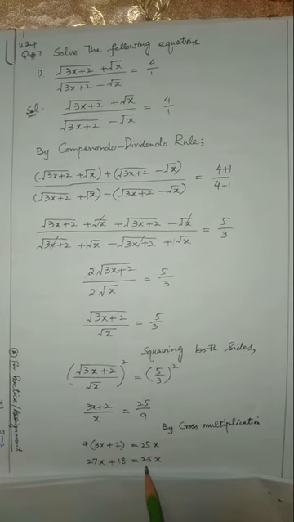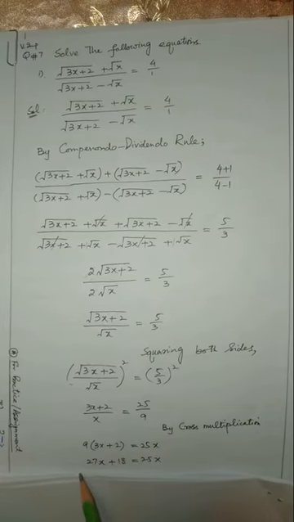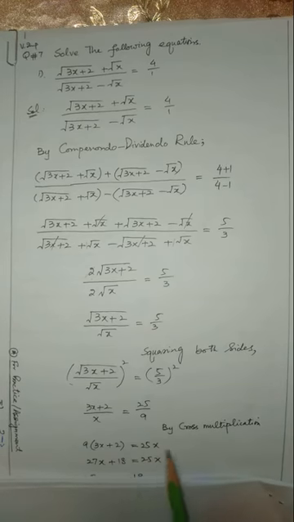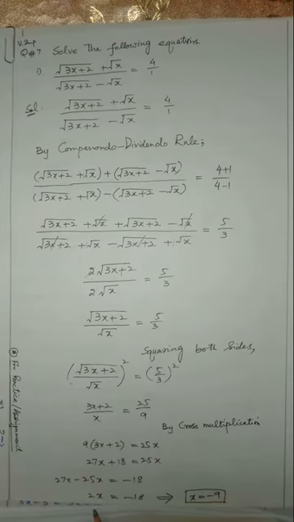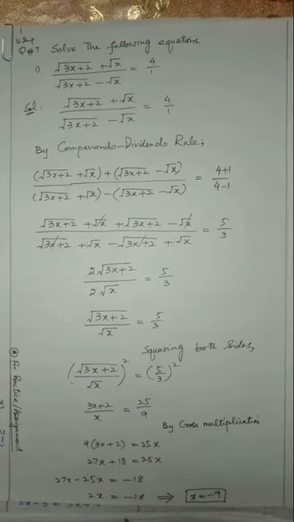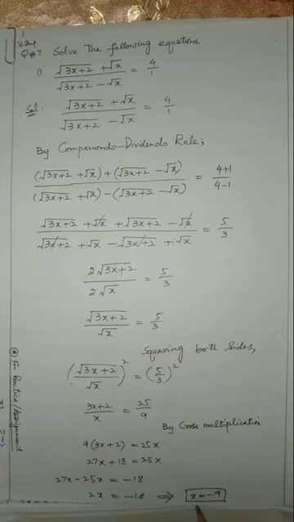Now shift this 25x to the left hand side and this 18 to the right hand side. Then the sign will be changed. 27 minus 25 is equal to 2x is equal to 18. Now dividing by 2, x is equal to minus 2.